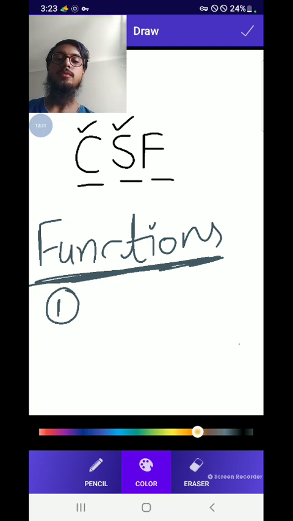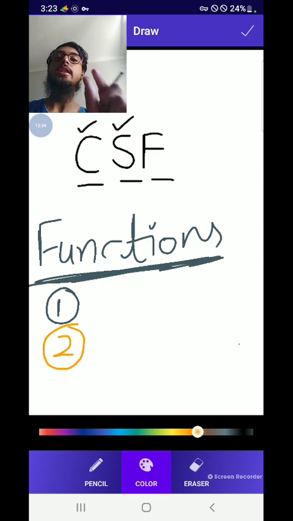Number two, it acts as a barrier and maintains the pressure inside the subarachnoid space and the central canal of the spinal cord to prevent trauma. These are all the functions of the cerebrospinal fluid. It provides the nutrients, it provides the barrier.